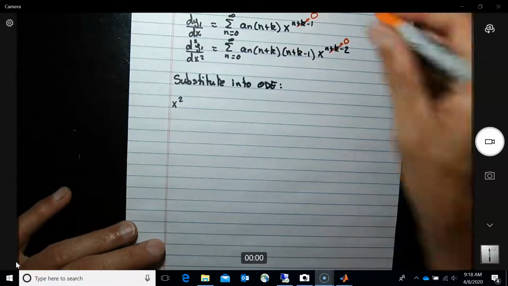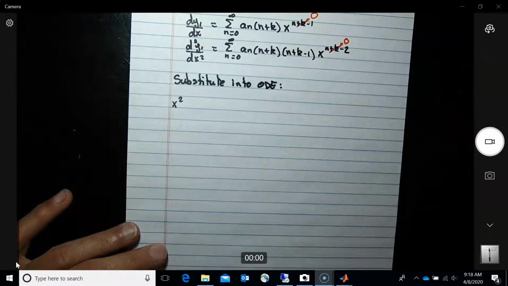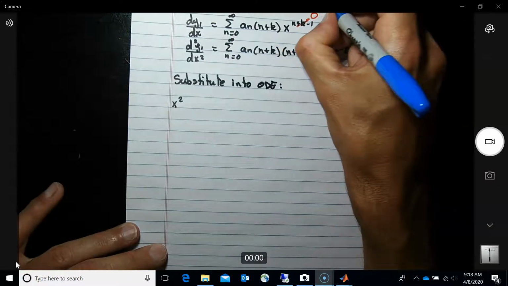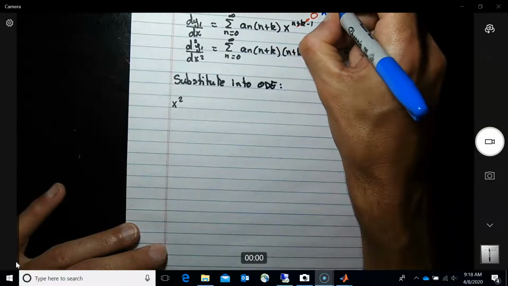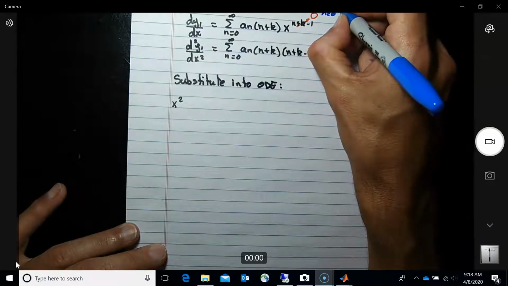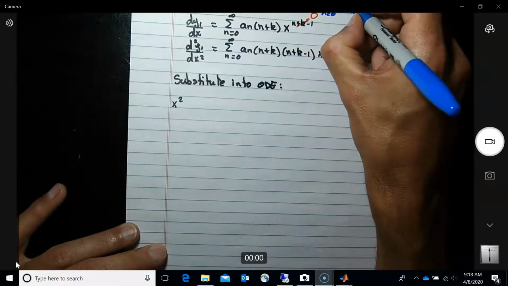So this will mean that, let's see if I have space, this one would just be summation n equal to 0 to infinity of a sub n x to the n.